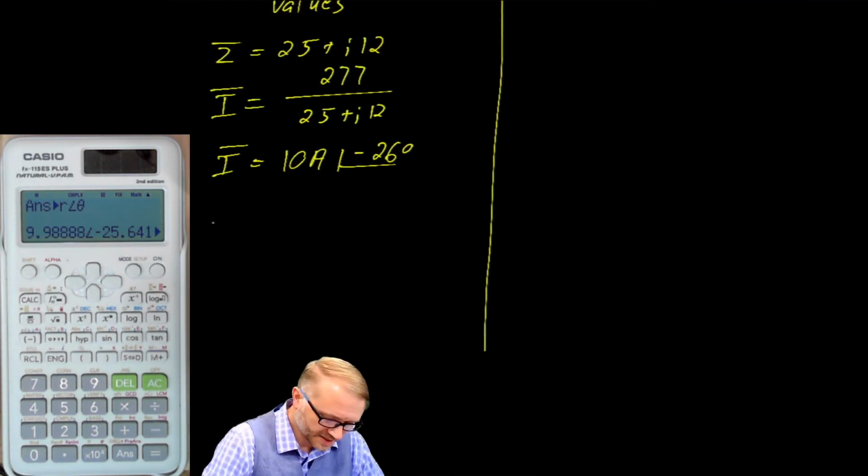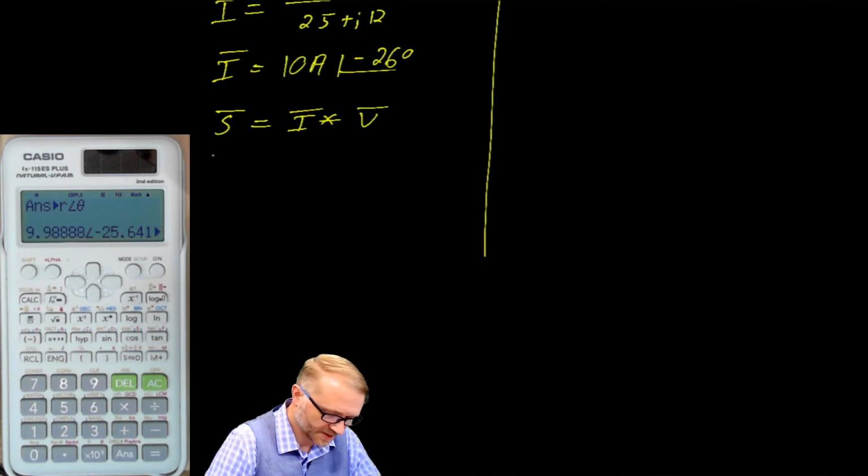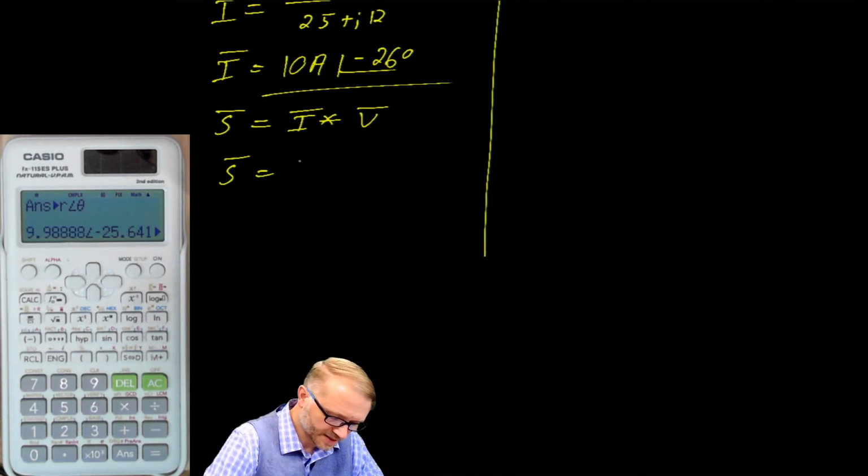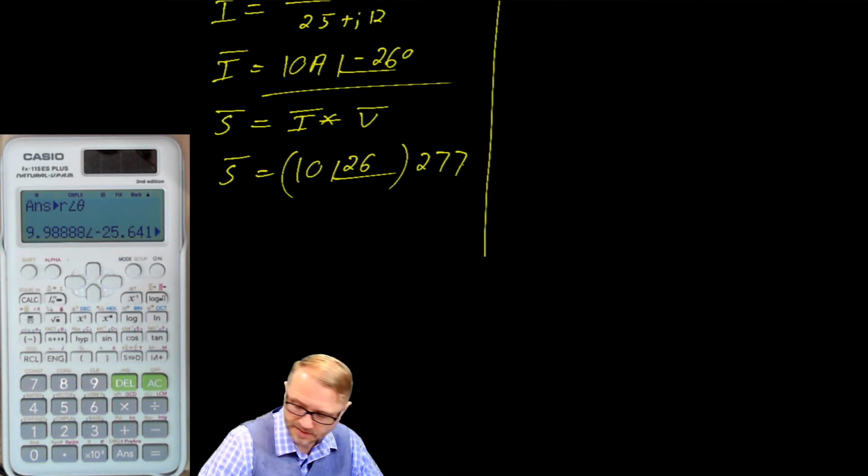The complex power, S, can be computed as the complex conjugate of I by the voltage. In this case, current is 10, but we want the complex conjugate of that, so it would be 10 angle 26. And our voltage was 277.